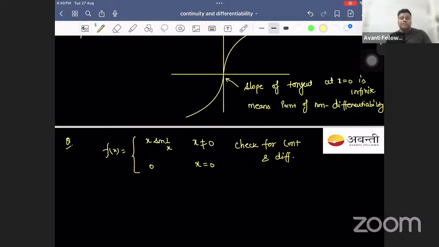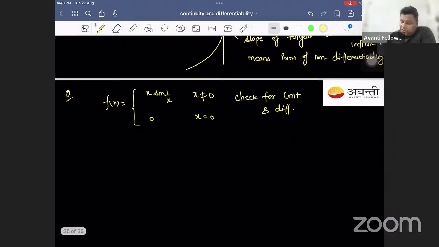For such kinds of functions, checking differentiability using the basic definition is always recommended, because if you try to check using differentiation or any other method, you always get the wrong answer.